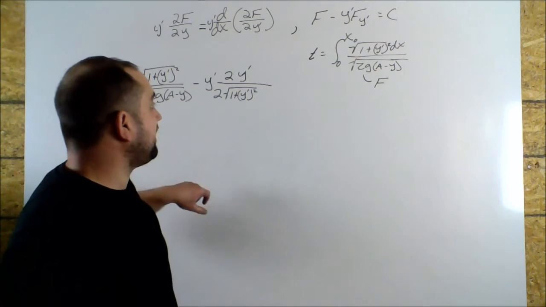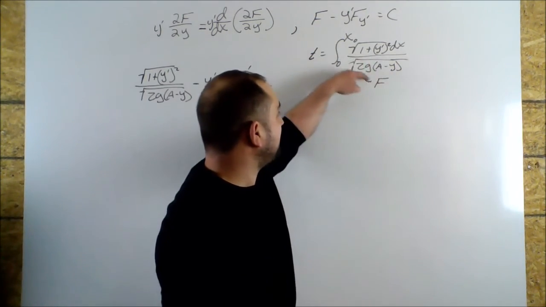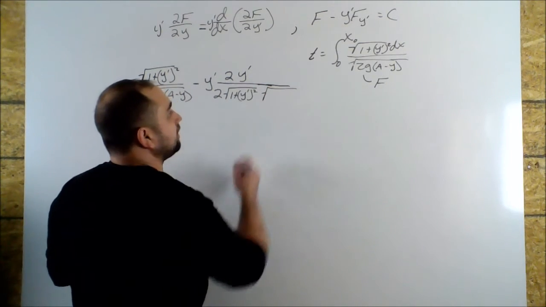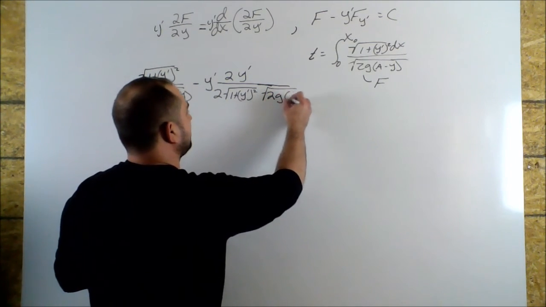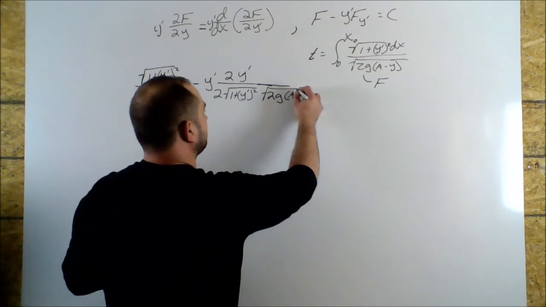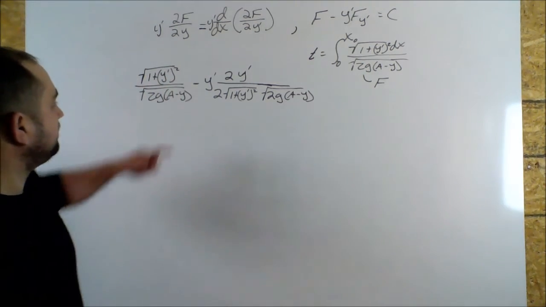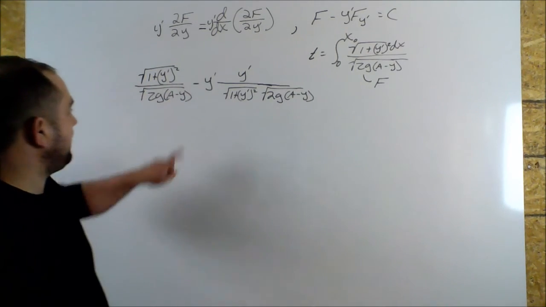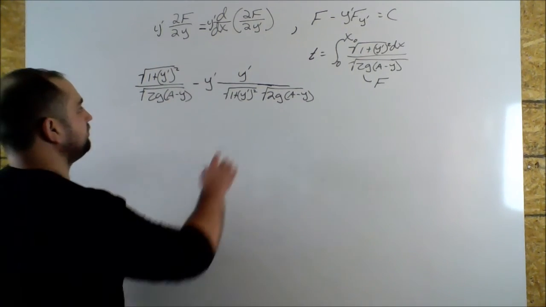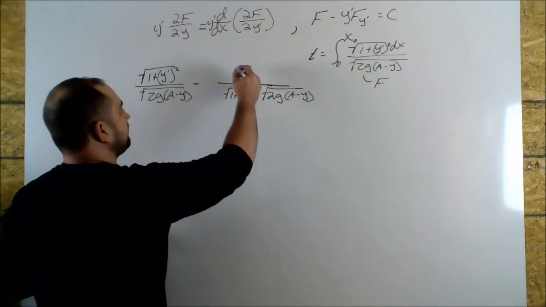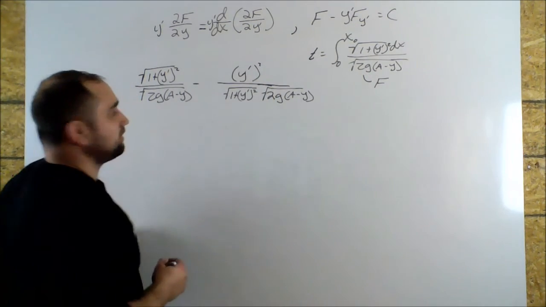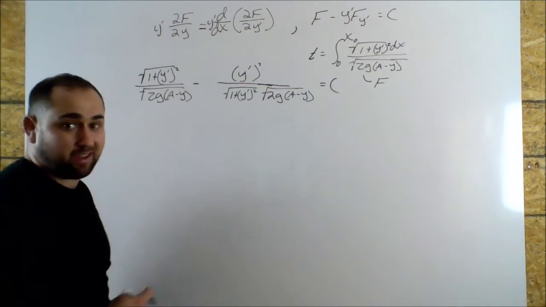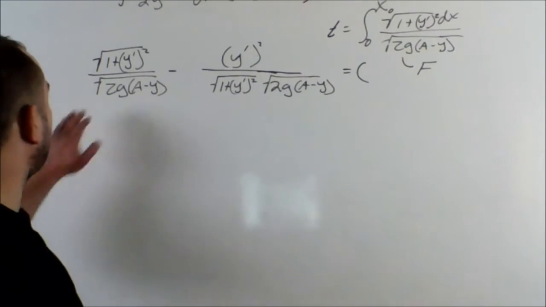So I'd get 2y prime. And then this denominator doesn't have a y prime in it, so it just tags along. Okay, so these 2's cancel out, and I can combine the y primes. So let's just square it, and that's equal to some constant c. Okay, so I would get this.